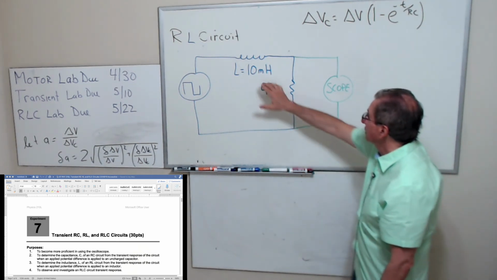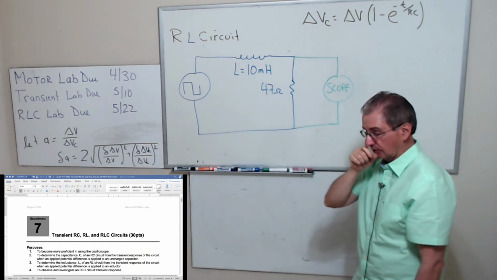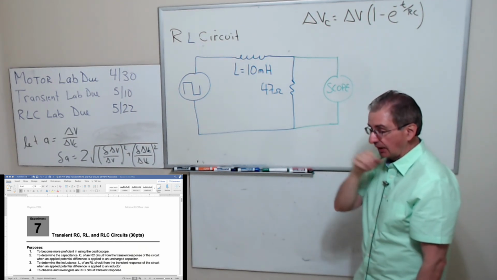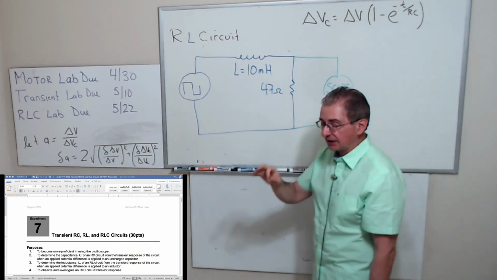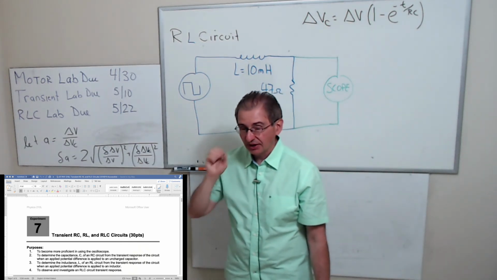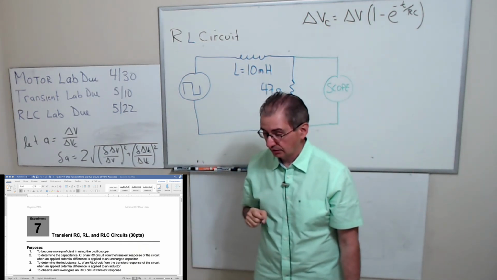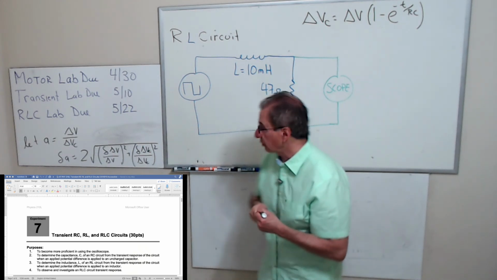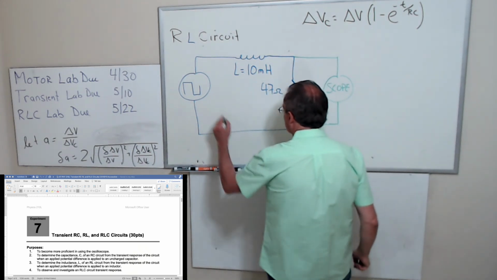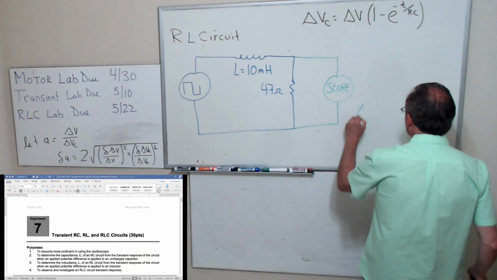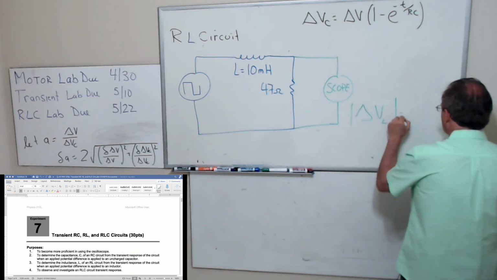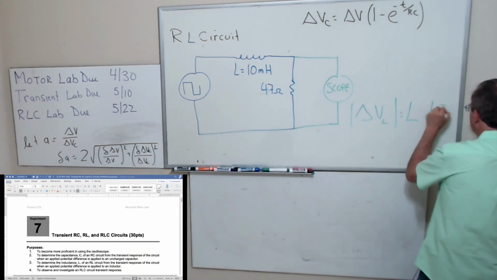Now, what's an inductor? An inductor is a device that opposes a change in current. The magnitude of the voltage across the inductor is L times di/dt.